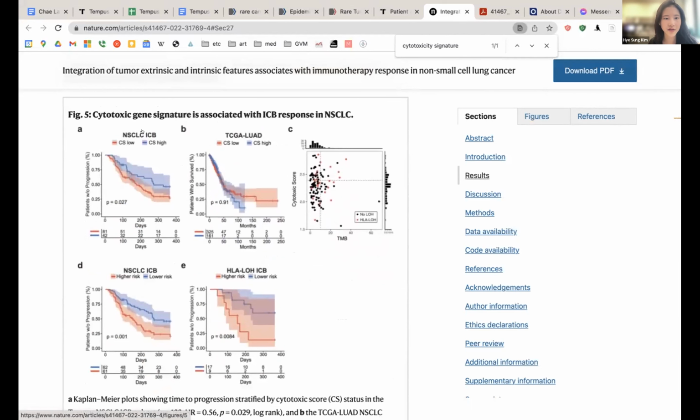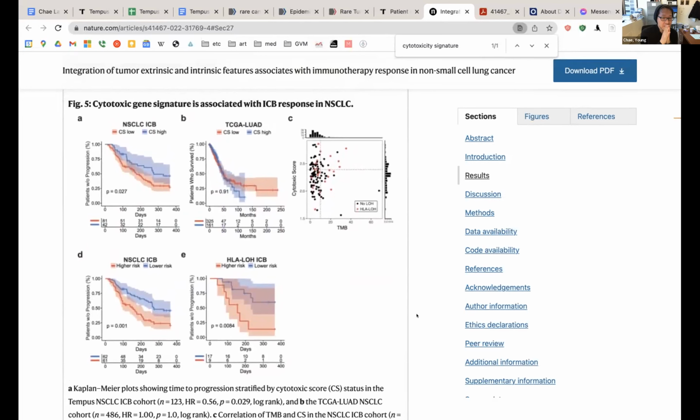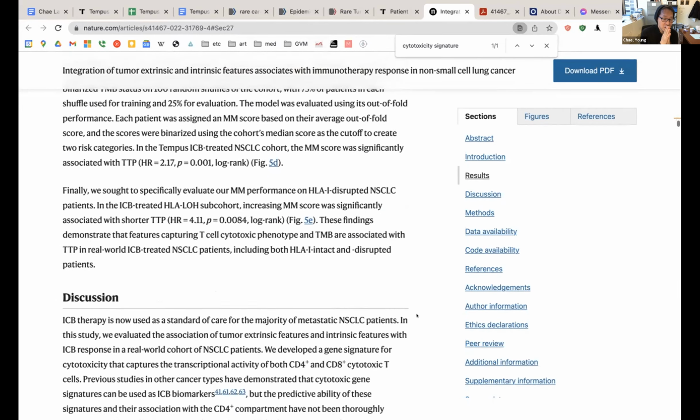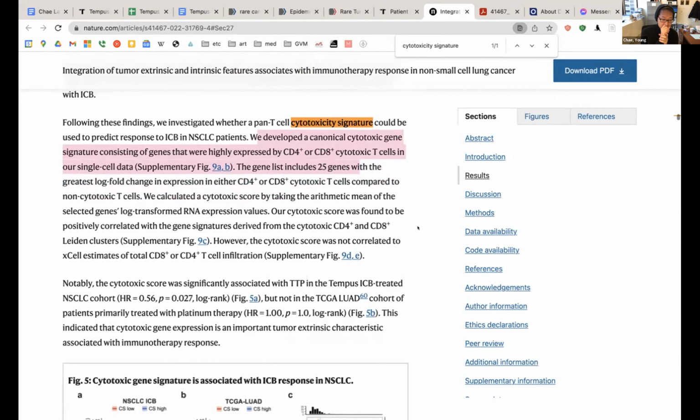So these are the graphs generated using the cytotoxic gene signature. I guess they extracted those genes. Whatever they found is the cytotoxic score was not correlated to the estimate of T cell infiltration.